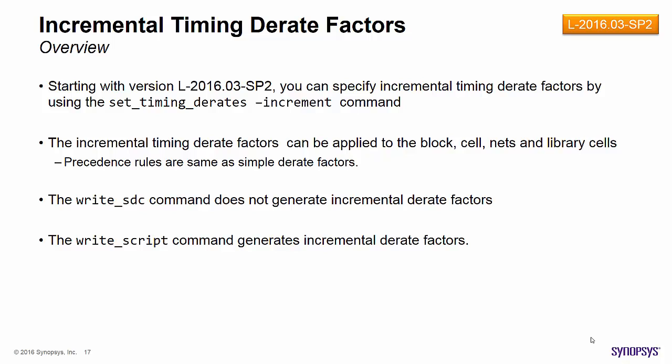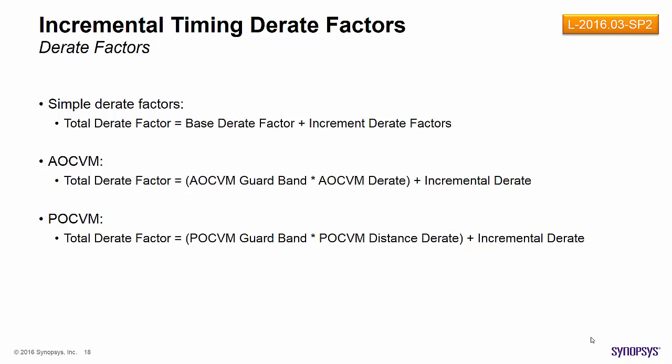The write_as command does not generate incremental derate factors. However, the write_script command generates incremental derate factors. Here is the formula for the derate factors. For simple derate factors, the total derate factor is base derate factor plus incremental derate factor.